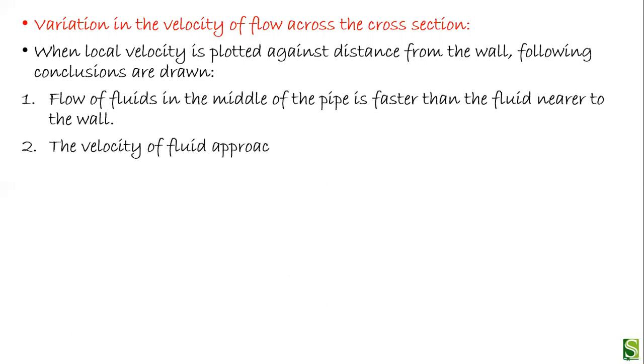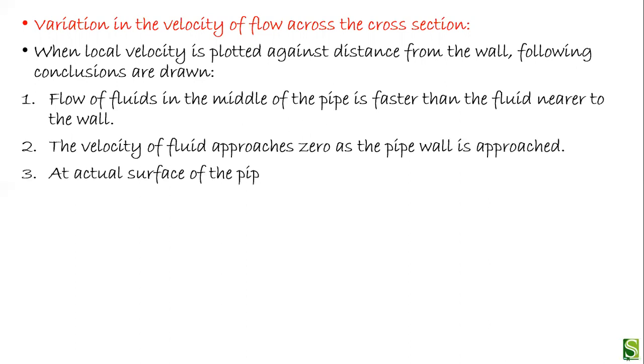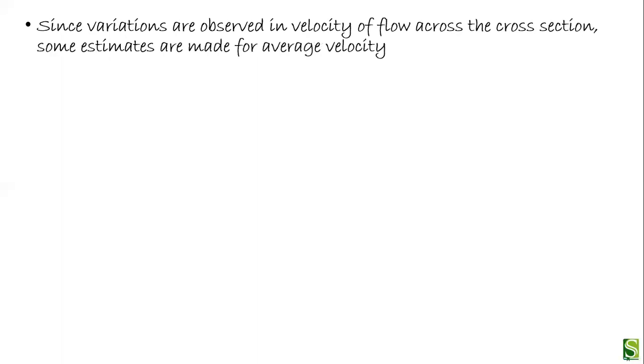The velocity of the fluid approaches zero as the pipe wall is approached. At the actual surface of the pipe wall, the velocity of the fluid is zero. Since there is variation in the velocity of flow across the cross section, some estimates are made for average velocity.